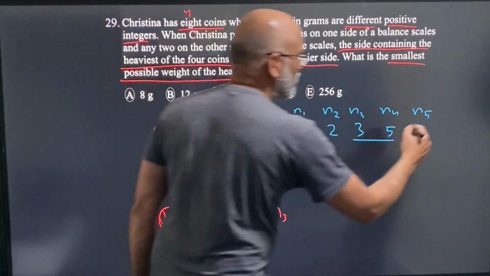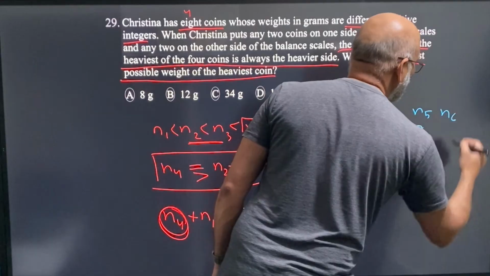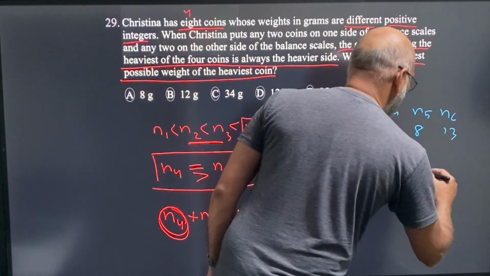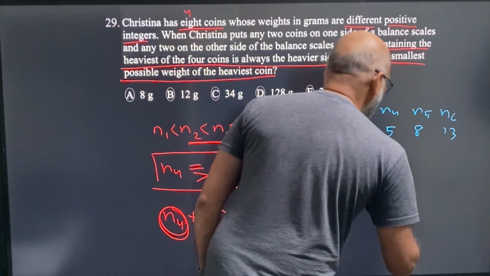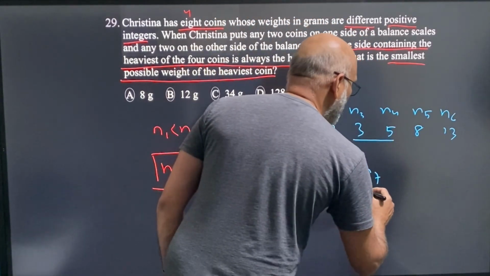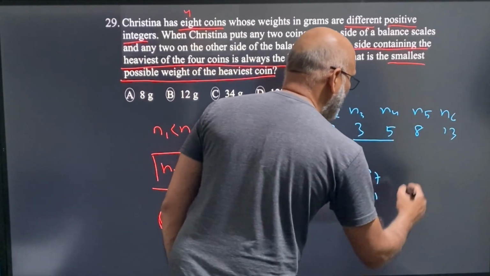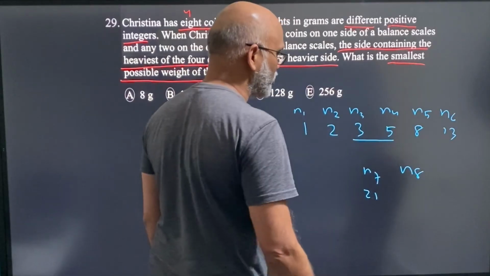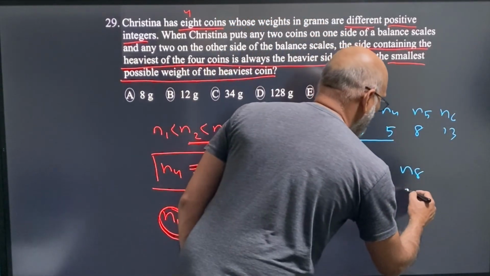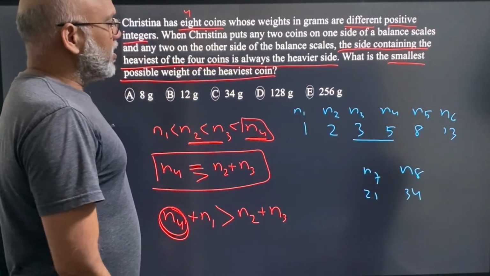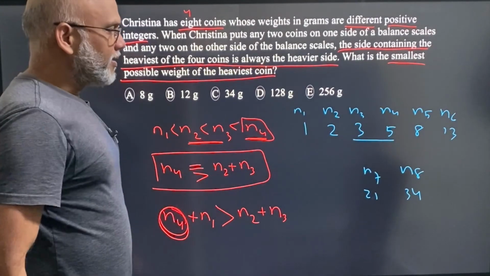And we can continue. So n6 is going to be 8 plus 5, which is 13, and n7 is going to be 13 plus 8, which is 21, and n8 is going to be 21 plus 13, which is 34. Right? Okay, so that is it, right?